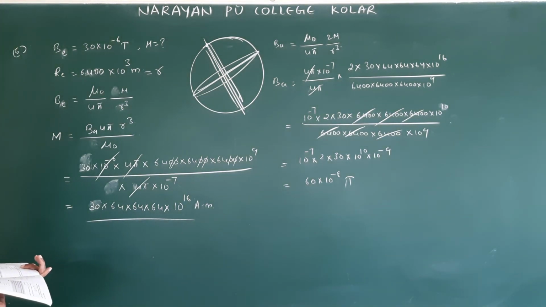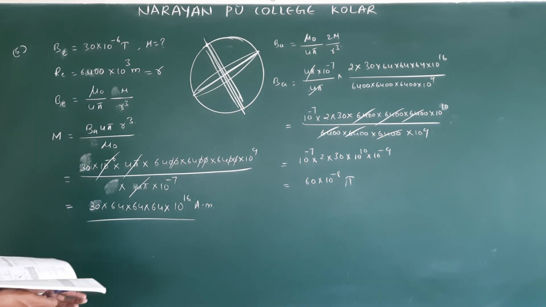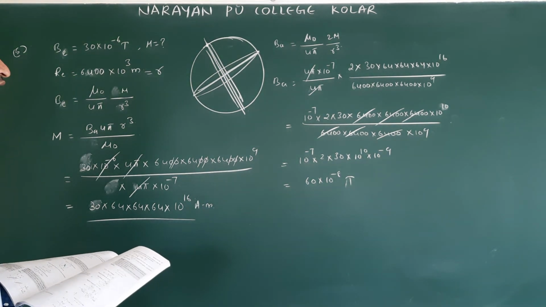They got 60 microtesla. Somewhere we did wrong. There is an alternate method also.